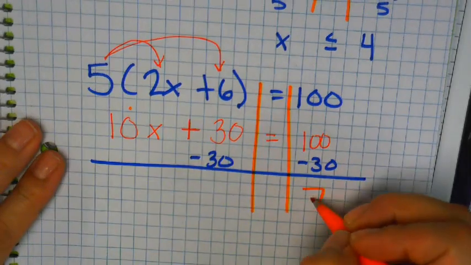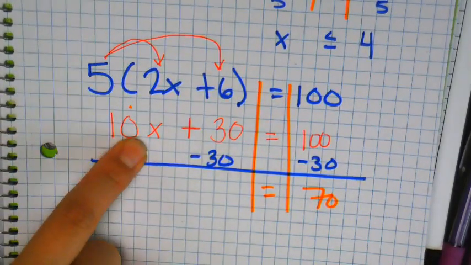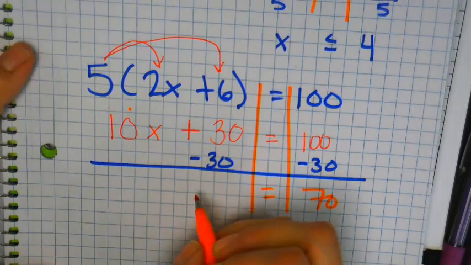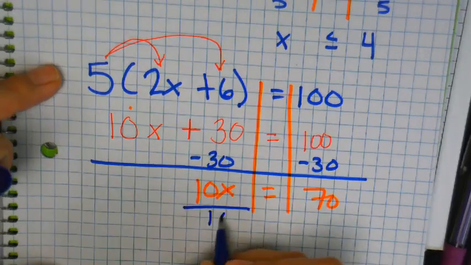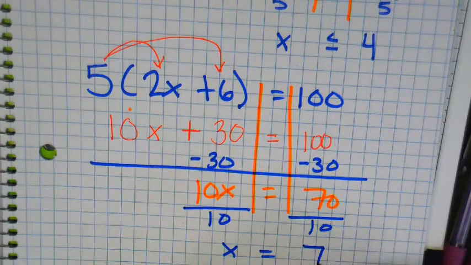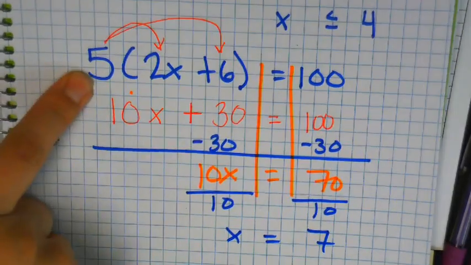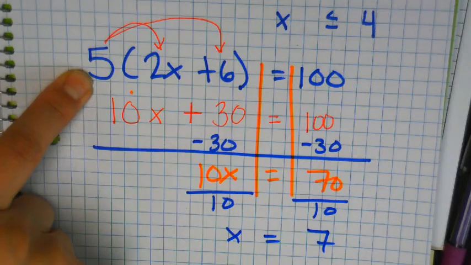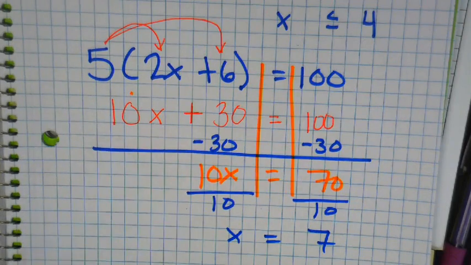You just have to put stuff that you learned before to the stuff that you learned today or yesterday. All right. Then I'm going to divide by 10. And x is equal to? 7. So the only new part is, first you have to distribute, which a lot of you know how to do. And then you get this problem, which is what we just finished reviewing.